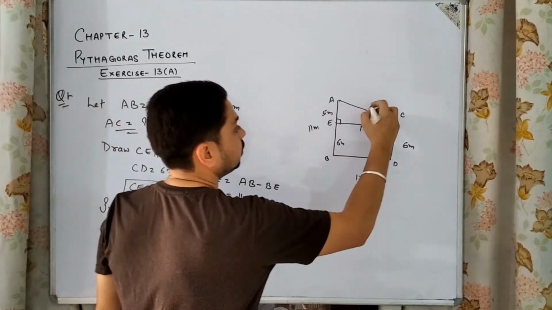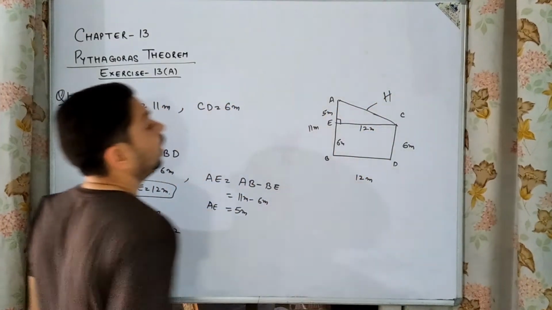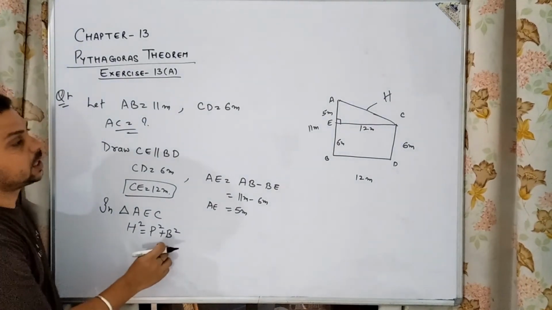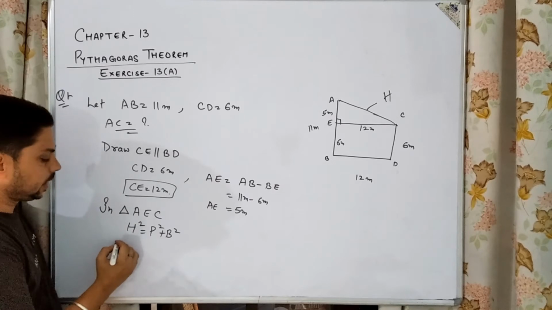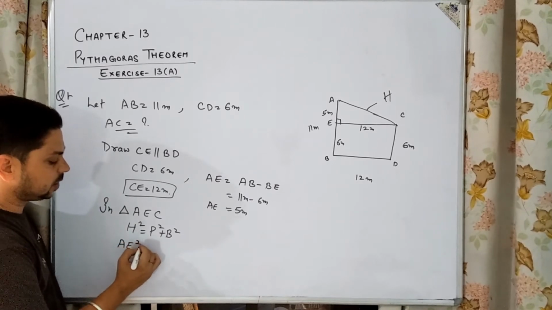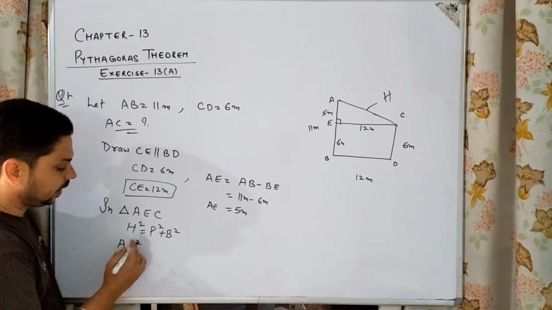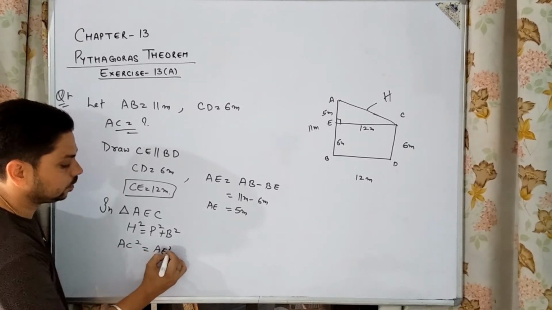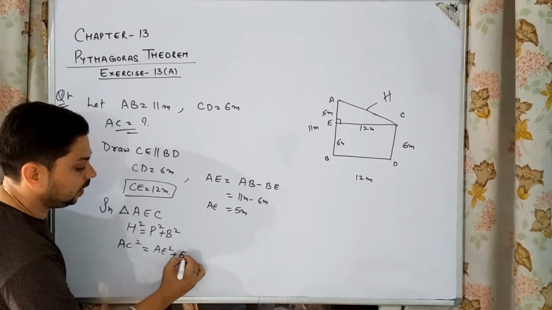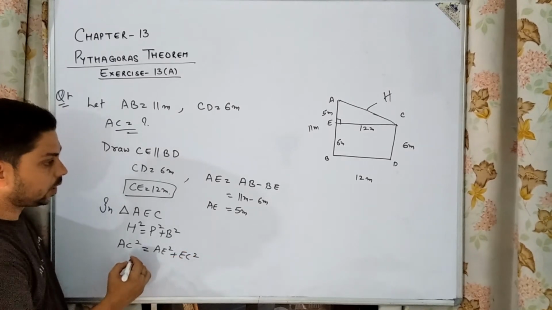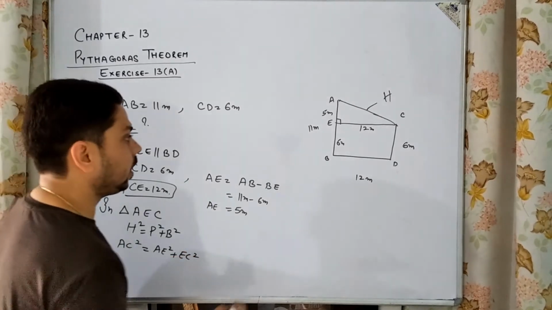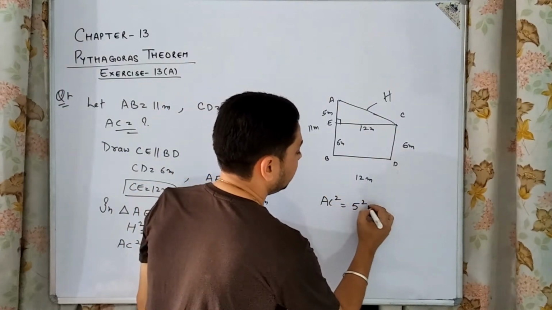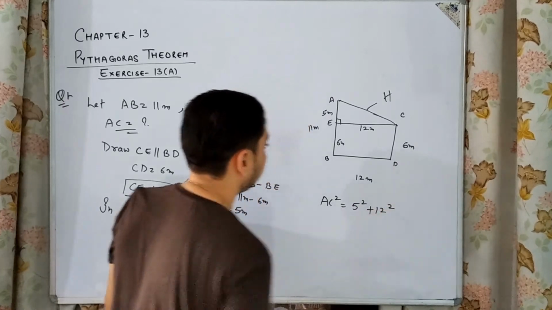This is 90 degree, so the side opposite to the 90 degree will be your hypotenuse. So AC square is equal to AE square plus EC square. So AC square is equal to 5 square plus 12 square.